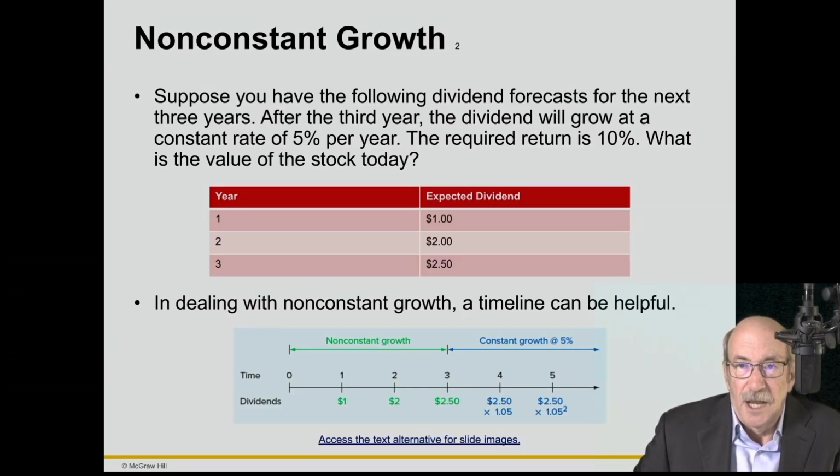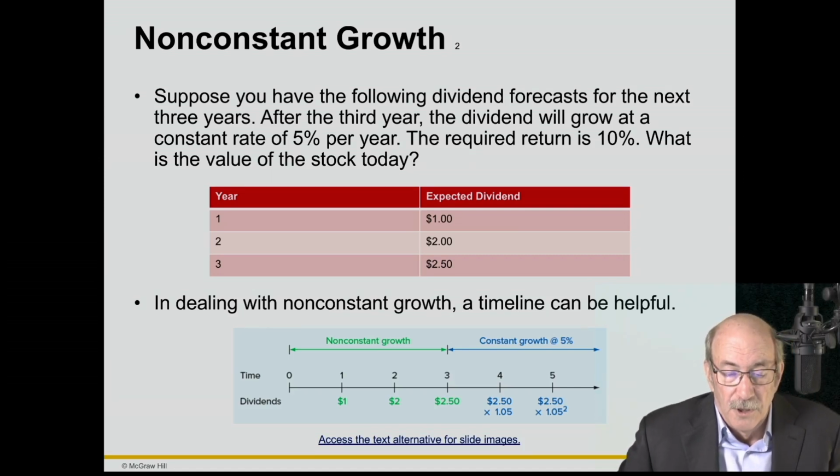How about uneven cash flows? What if we have non-constant growth? Well, there's a two-stage method that we could use, and we're going to build ourselves into that. For the moment, we could think of this in two separate calculations.